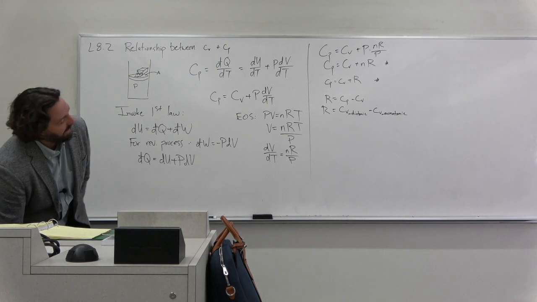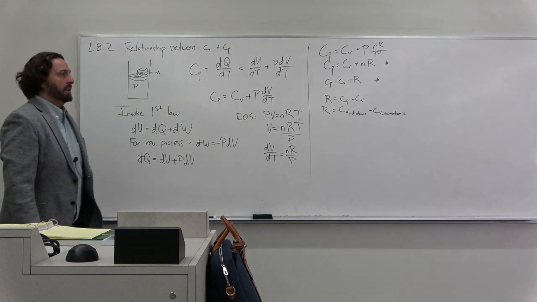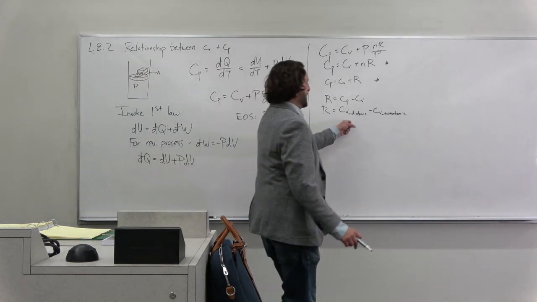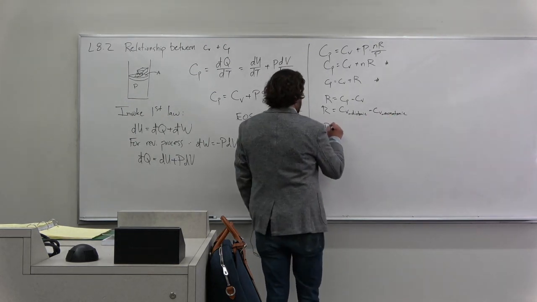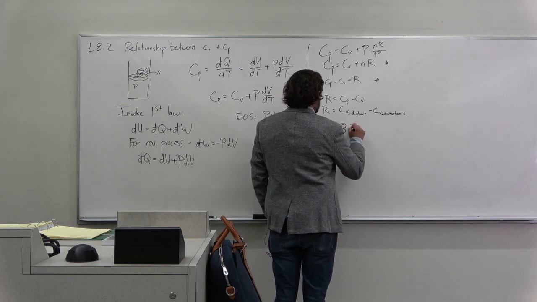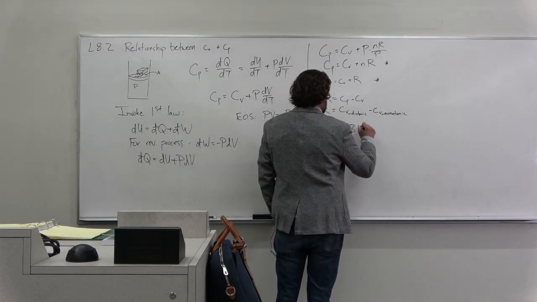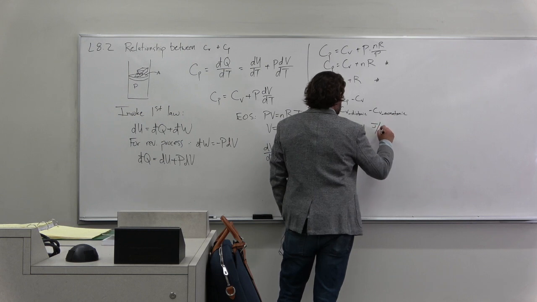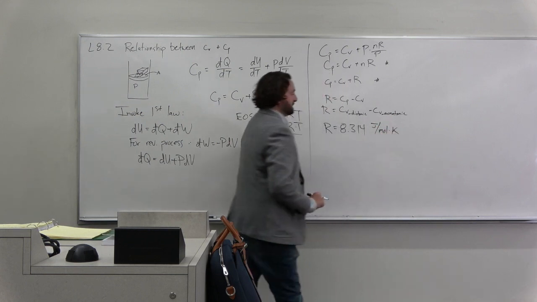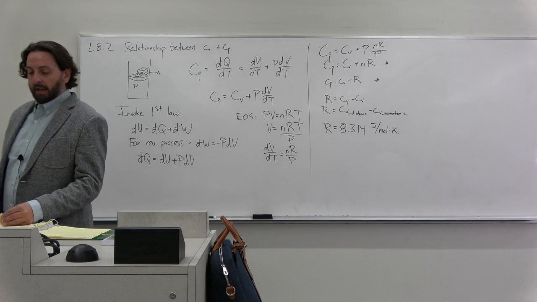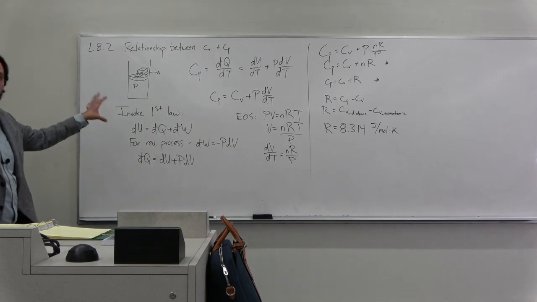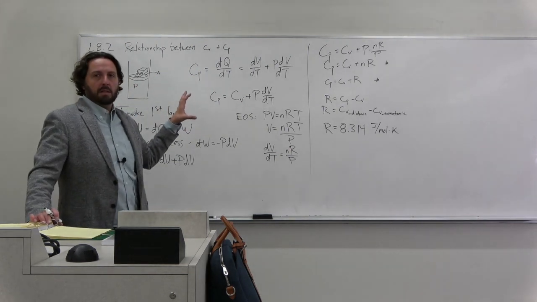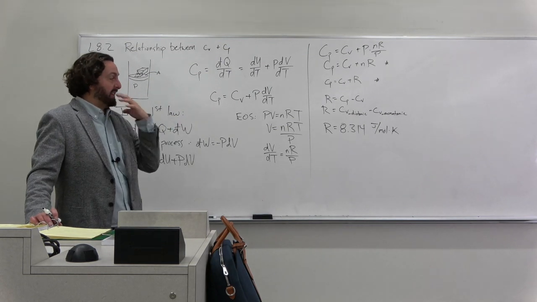So go back and look at the values we gave last time, and you'll see that if you subtract Cv for a monatomic from a diatomic, you're going to basically get the ideal gas constant, which is 8.314 joules per mole kelvin. Okay. Very cool, right? That we can actually come up with this feature of an ideal gas through a real measurement, right? So now we have a measurement base for the ideal gas constant.